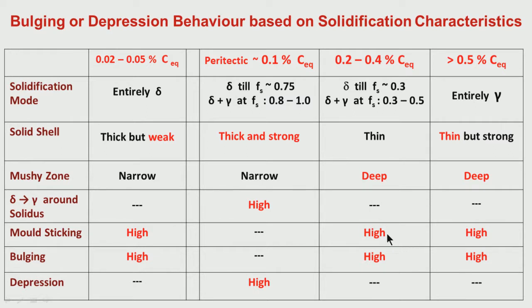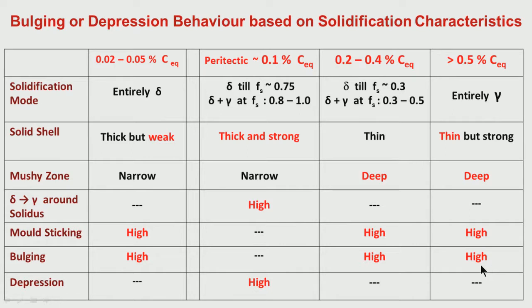So it is again mold sticking for high carbon, and when it comes out of the mold there is a bulging tendency. That means the solid shell near the two surfaces of the mold, when it is coming out of the mold, has a tendency for bulging. The ferrostatic force will try to bulge it. So there is relatively high bulging.